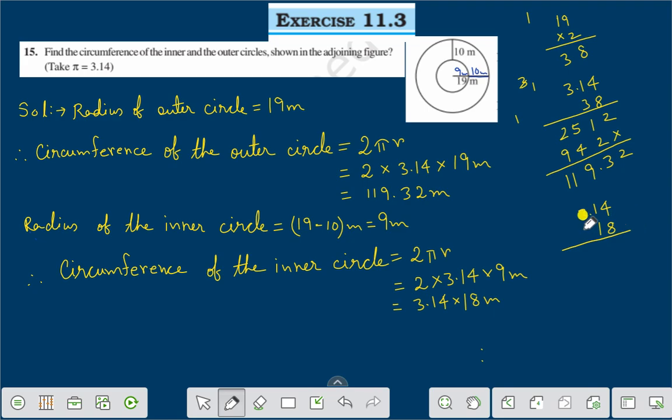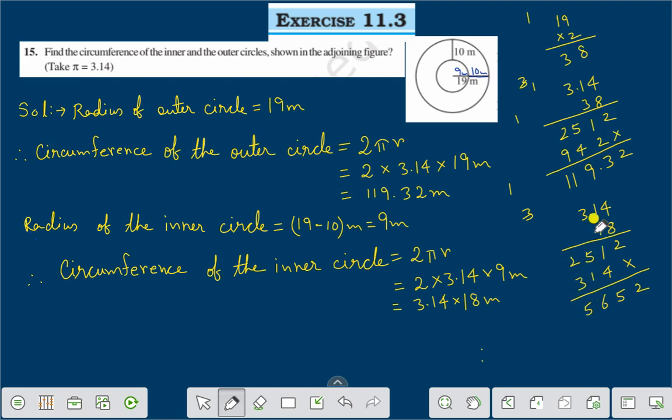4 eights are 32, 3, it is 2. 8 ones are 8 plus 3, 11, carry 1, it is 1. 8 threes are 24 plus 1, 25. And if we multiply with 1, that is 4. 1 is 1, 3 is 3. We add the numbers, that is 2, 4 plus 1 is 5, 5 plus 1 is 6, 3 plus 2 is 5.